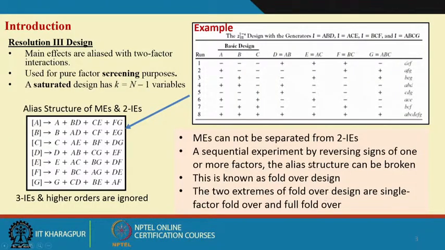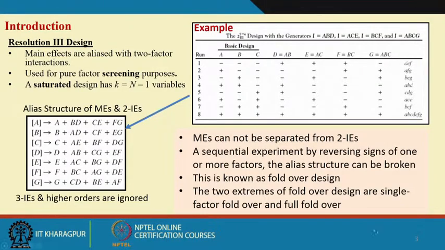So, when you do one fraction of the experiment, then you go for the next fraction as required. Depending on the purpose, you switch over the sign of one or more factors, and this kind of design is known as fold over design. So, basically you are folding over to another side.